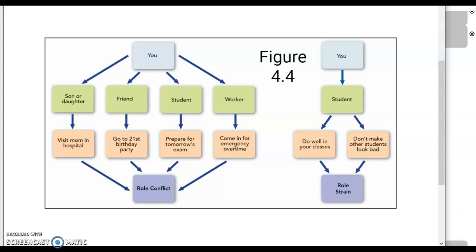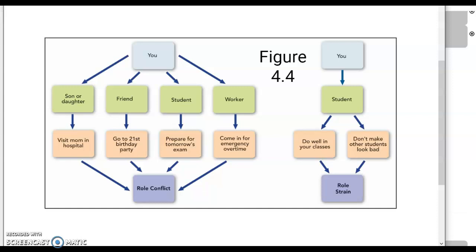Then we have something called role strain, meaning you have one role as a student, you'll see here on the right side of this figure, but you have multiple aspects of that role pushing in on you. I don't really care for the example that the book uses here in figure 4.4, but I'll give you another one. So let's say you have a math class, a science class, a sociology class, an English class, and you know what?